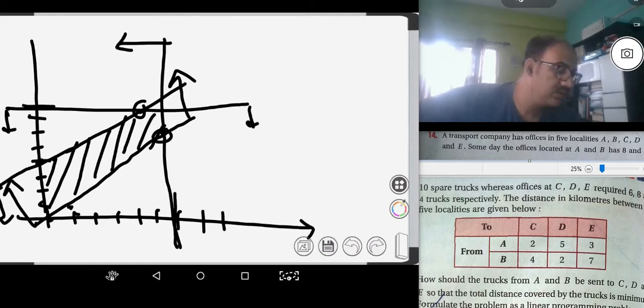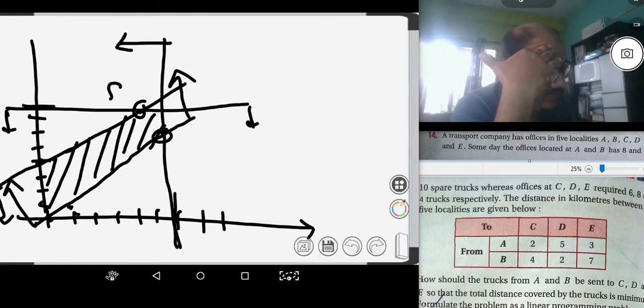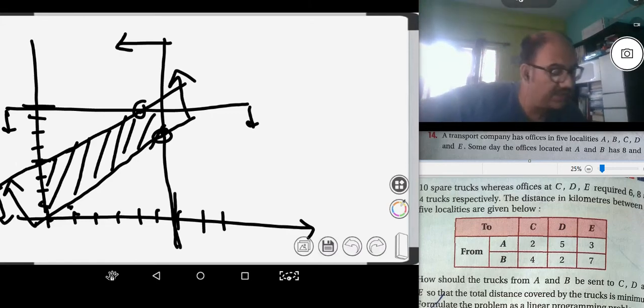This point is 4 comma 8. You have to solve it yourself and check. This point is 0 comma 4, and put the values which give you the minimum.